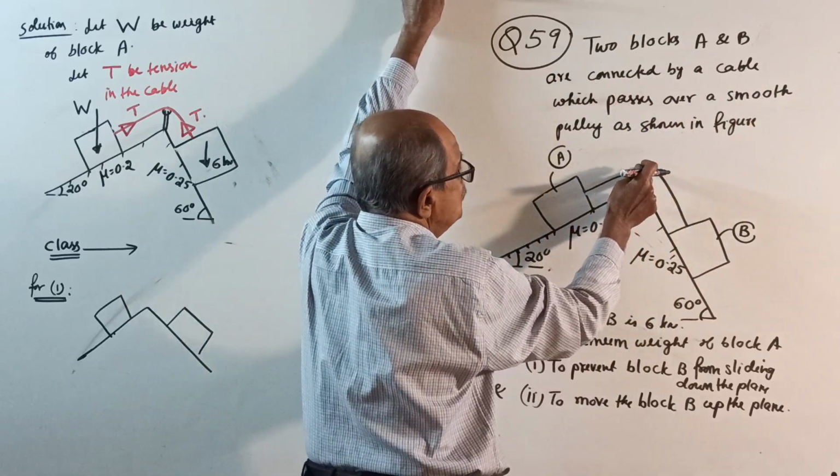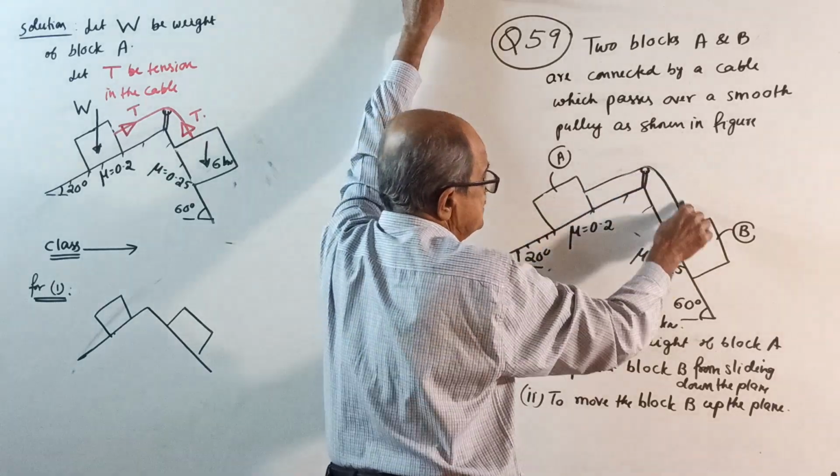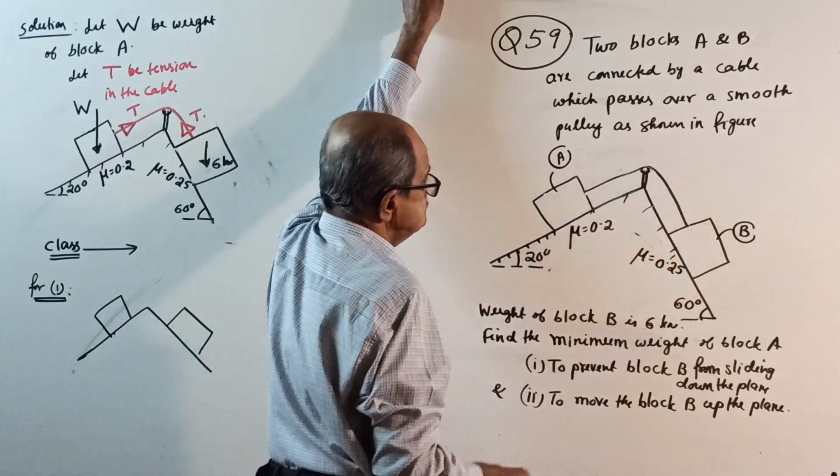See, this is the smooth pulley, this is the cable. It is parallel to the plane, understood? See, this line is parallel.